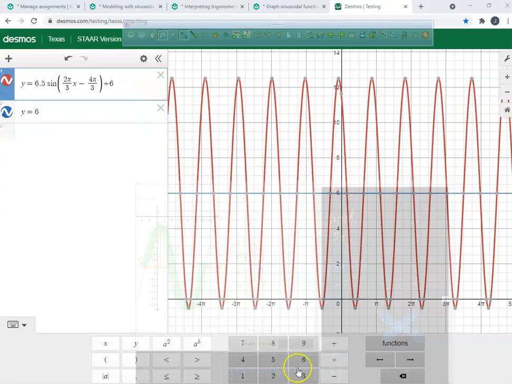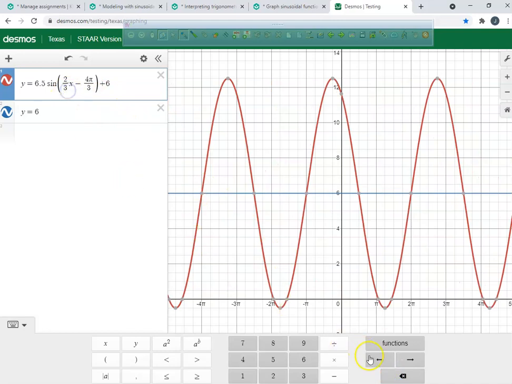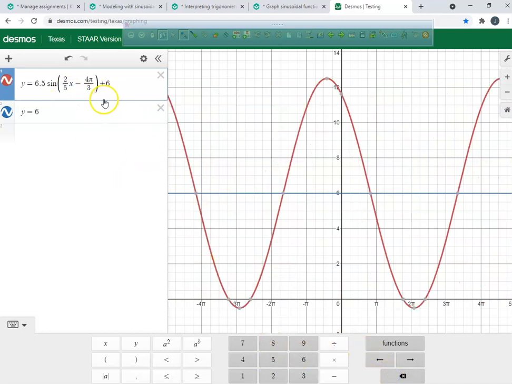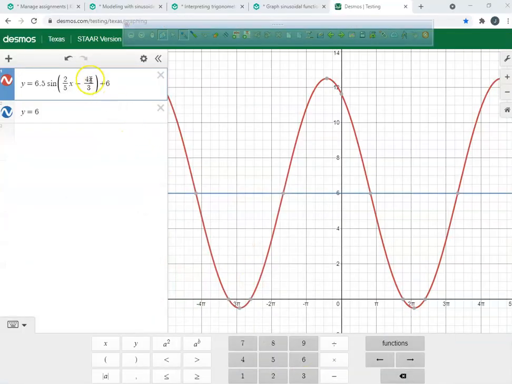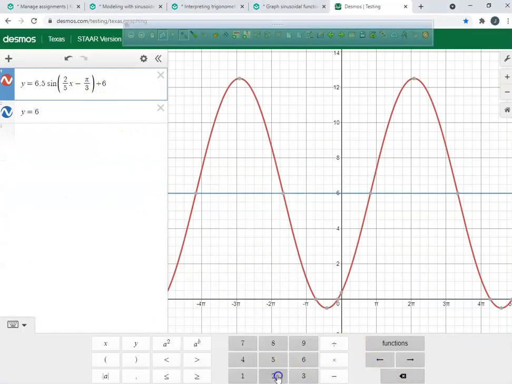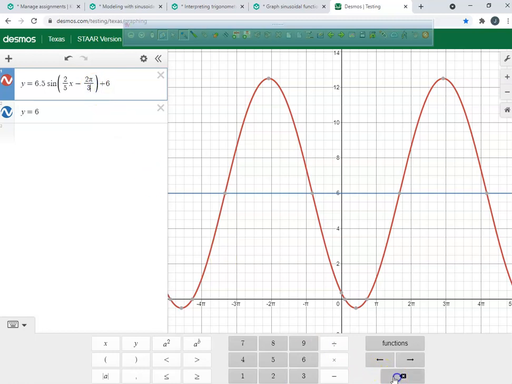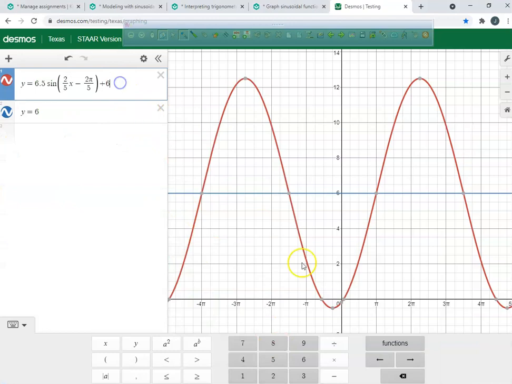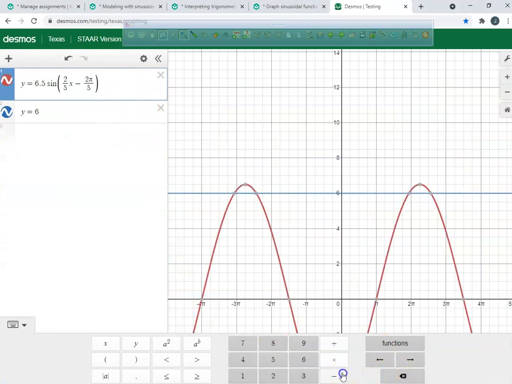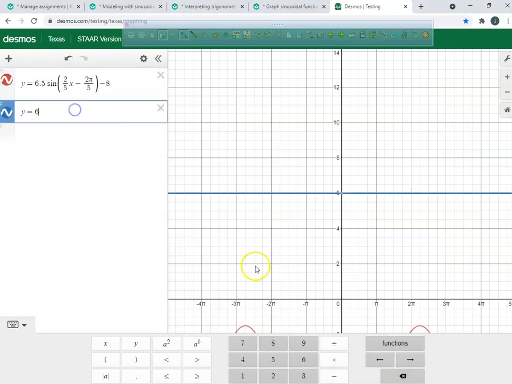I got to change that to 2/5. Take away that pi, put that as a 5. Then I got 2 pi over 5. Put that as a 2. Put that as a 5. And last but not least, put a -8. Make sure I put y equals -8.